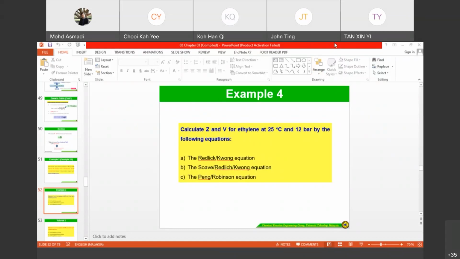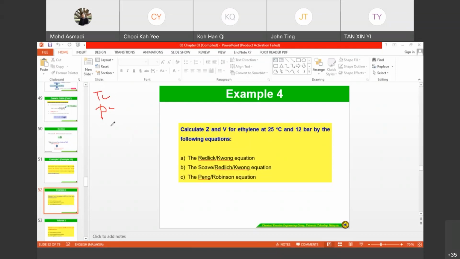Okay, so if you look here, it's similar to the previous example. What you have to do is determine the TC, because it's given the temperature and also pressure, PC.